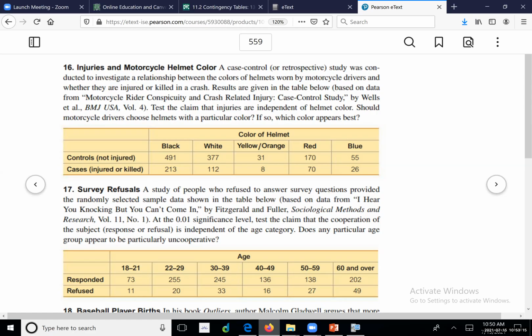Now that you know that they are dependent, the color is affecting the number of injuries. Tell me which color is the best.